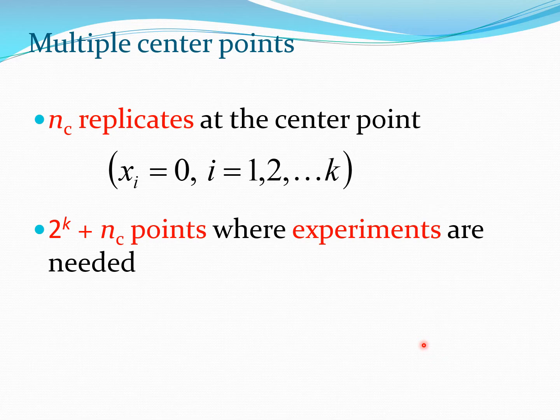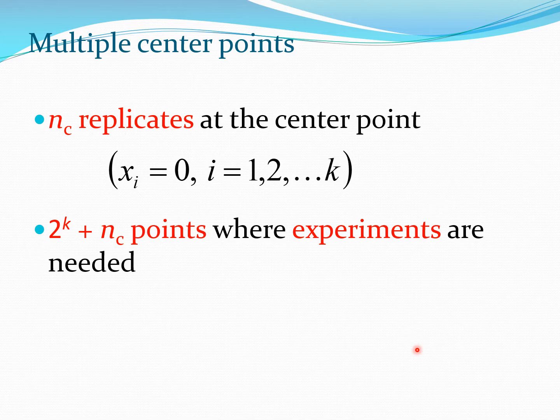Now, whenever you are performing experiments or you have some stochasticity in your problem, which essentially means that if you perform the experiments several times, the answers you get each time are slightly different. And this happens because there is uncertainty present in the system. So in those cases, you do multiple center runs.